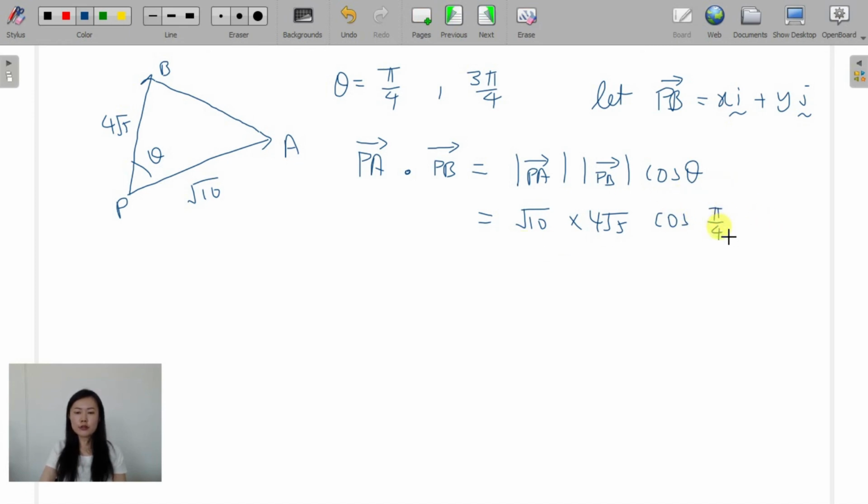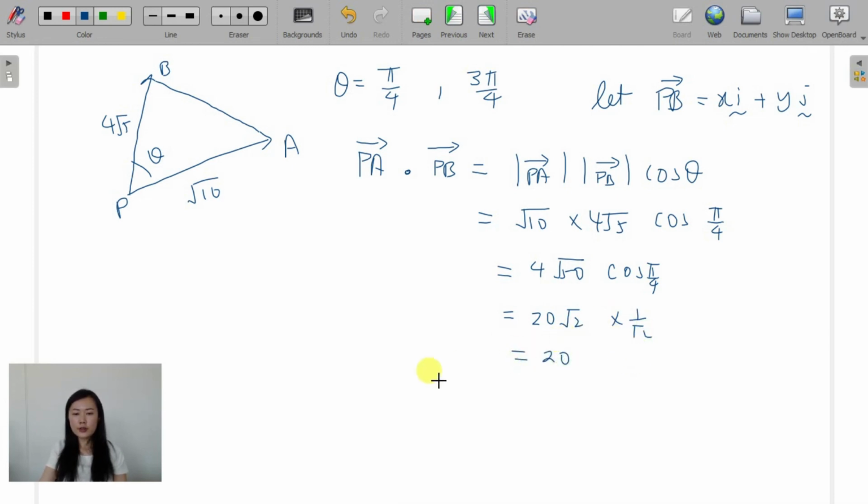So I'll do the 3 pi on 4 later. Okay, so what is that? Okay, 4, 5, 20. 1 on root 2. So that will be 20.